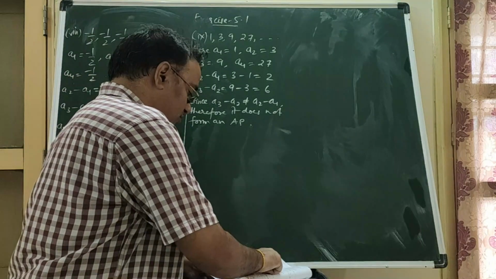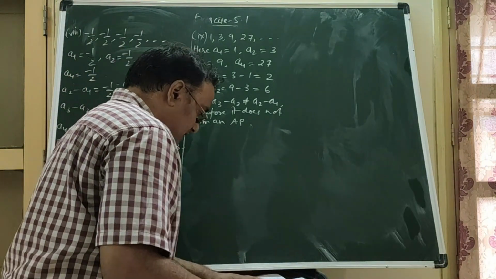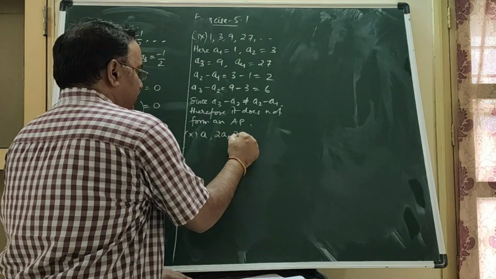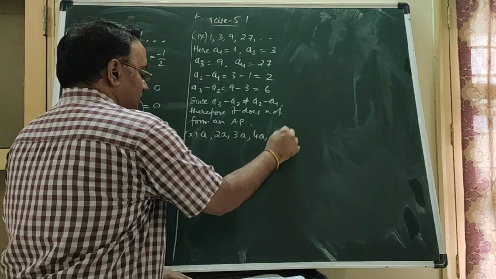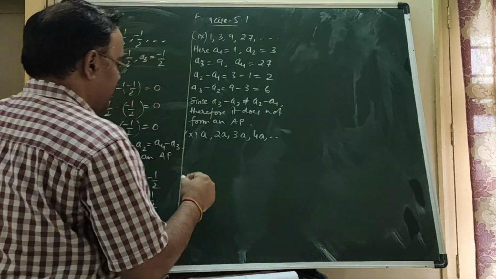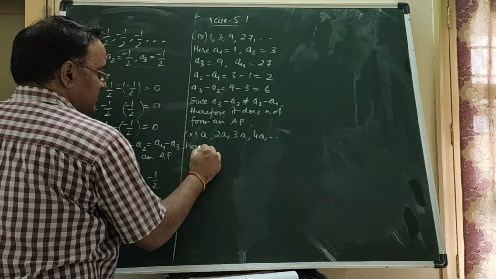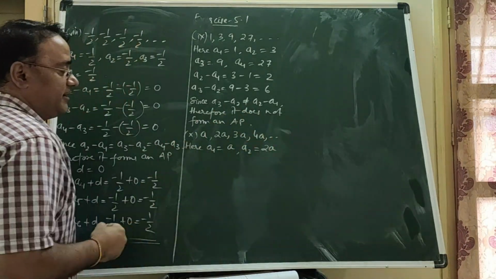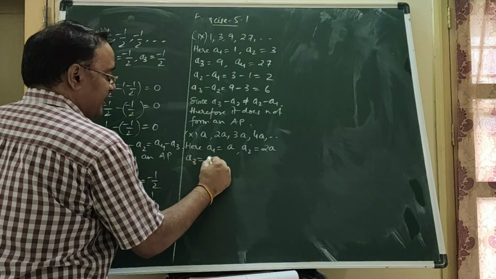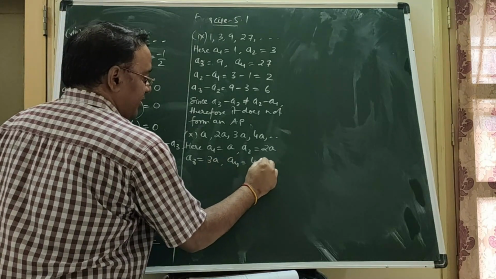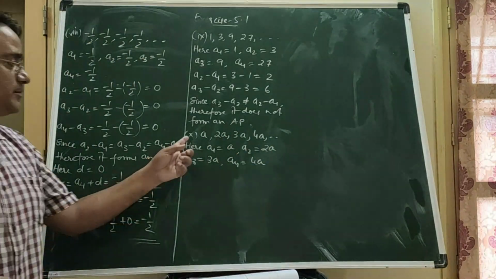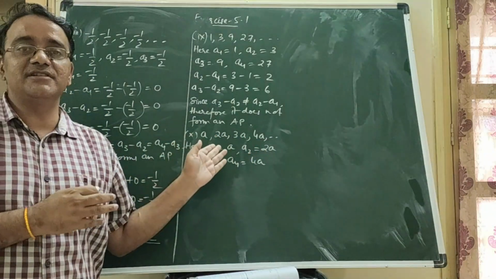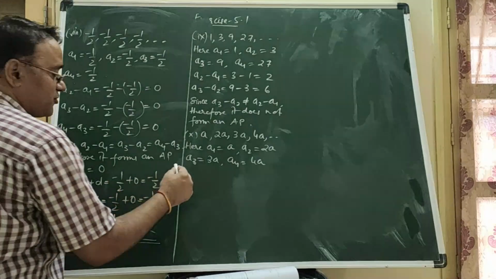Now the next, 10th bit: A, 2A, 3A, 4A, and so on, correct. So here, what is A1? A. What is A2? 2A. What is A3? 3A. What is A4? 4A. Now the difference between each consecutive term, I observe, is A. But you have to show it.